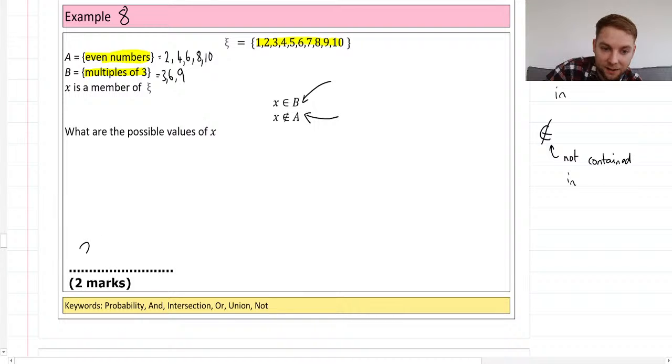What they're testing here is, do you understand what these symbols mean? That's all they're testing. They don't want you to do anything too drastic.